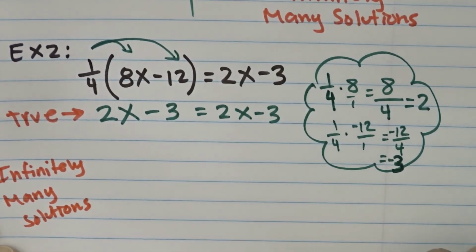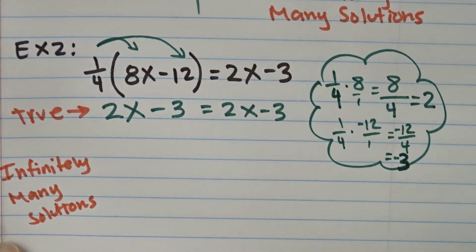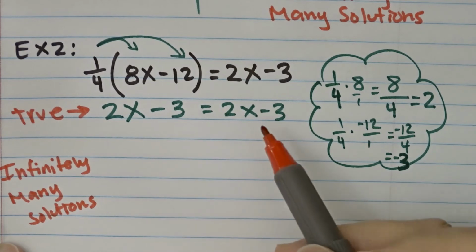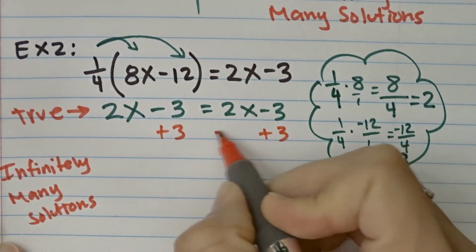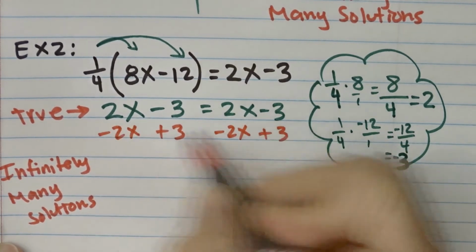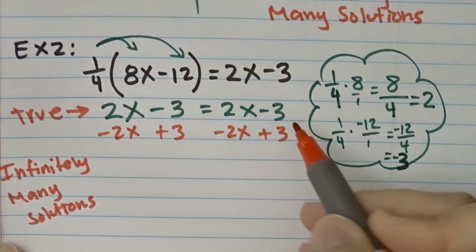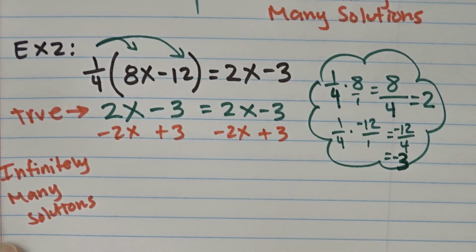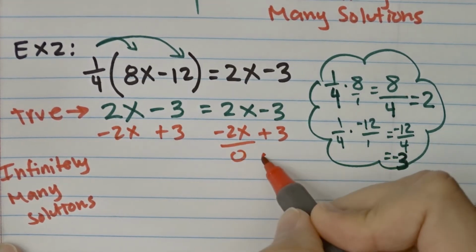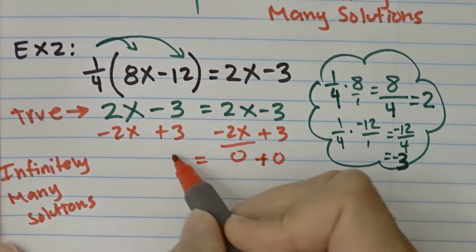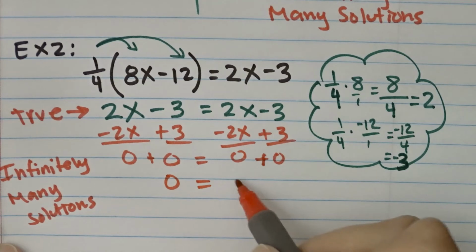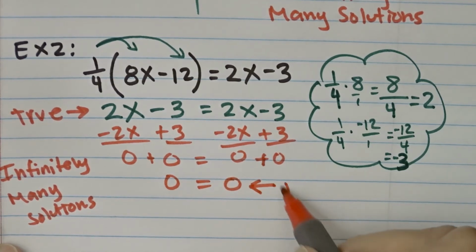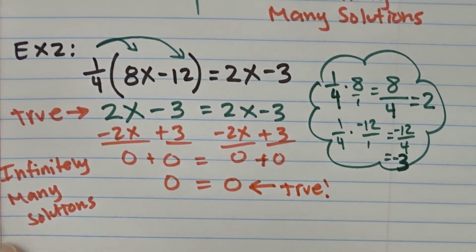Now, if you're too into the problem and you don't notice it and you continue to solve it, some students keep going until they get 0 equals 0. That's fine too. If you don't notice that it's equal and you're just busy trying to get this done, no matter what, you end up doing the same thing on both sides because they're equal, and you end up with everything totaling up to be 0, which is still a true statement. 0 is equal to 0.